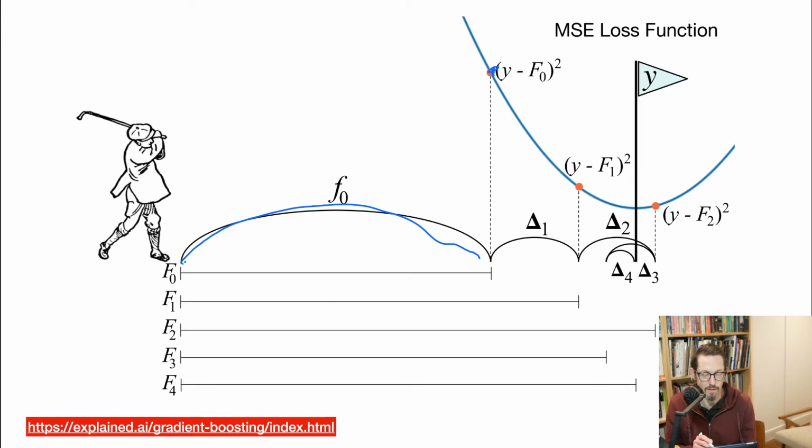Now we can do gradient descent. We're going to try to, on the next time, try to minimize where we are on the loss function. We're going to try to minimize those residuals by predicting them well. And we're going to get closer and closer with a series of approximations of the error until we eventually click in.